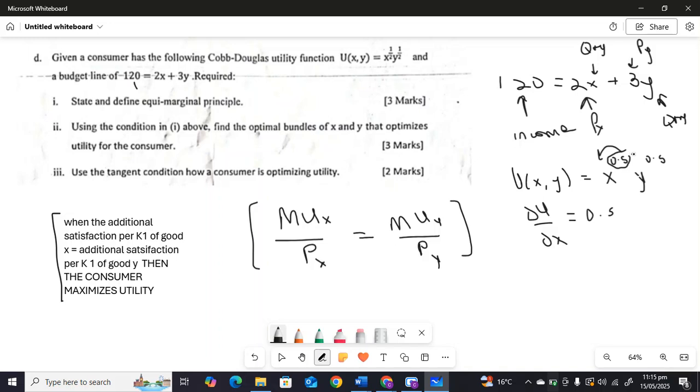And you subtract a 1 from the exponent. So 0.5 minus 1, that is negative 0.5. Y to the power 0.5. Okay, so this is the marginal utility for good x.